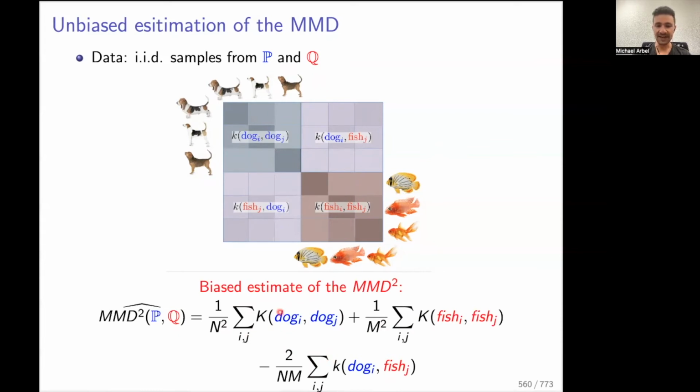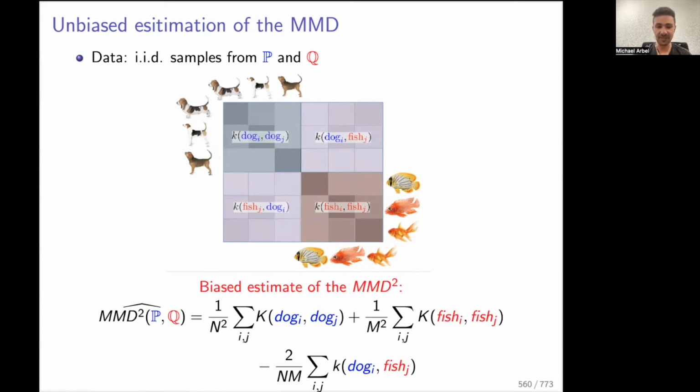But it turns out that this estimate of the MMD is biased. The reason for the bias is that for the same index i, it will compute the kernel between sample i and itself. And of course, the same sample is not independent from itself. This introduces a bias because the expression of the MMD involves taking expectation between independent samples.